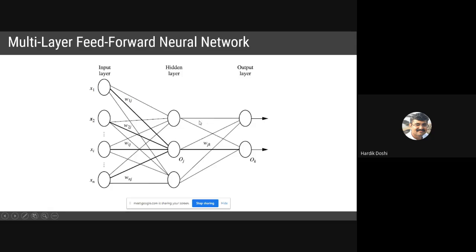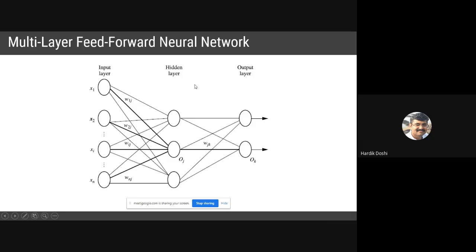Now you should be clear with these weights. These are the inputs, x1, x2, xi, xn. It is nothing but your array of inputs, also termed as a vector. Same way we have an array of weights at all the layers.